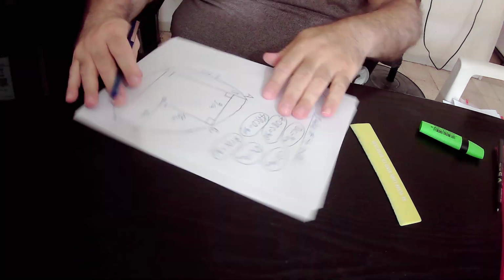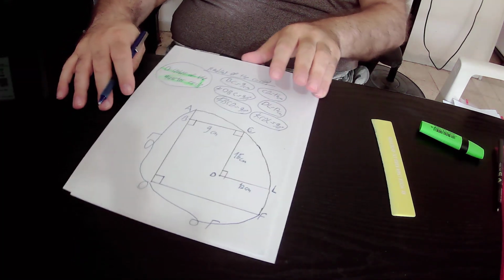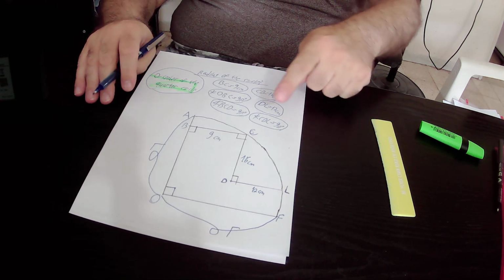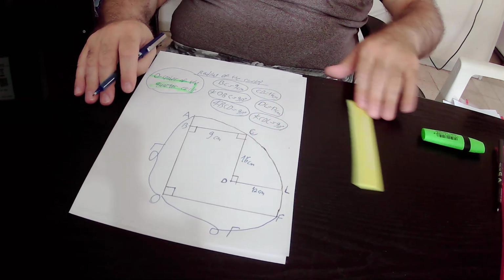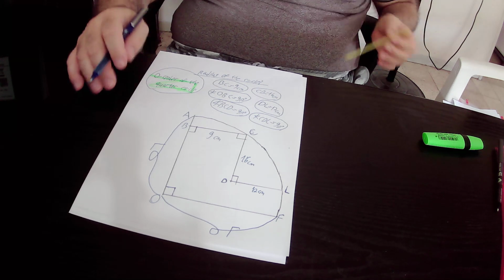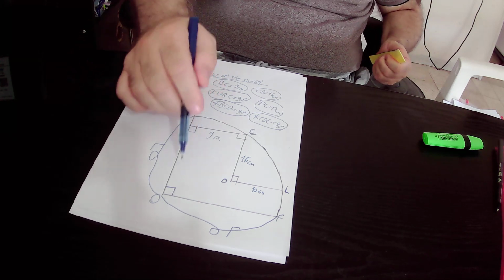Okay, so in the next step we will extend the straight line CD by a straight line until it touches the radius OF.